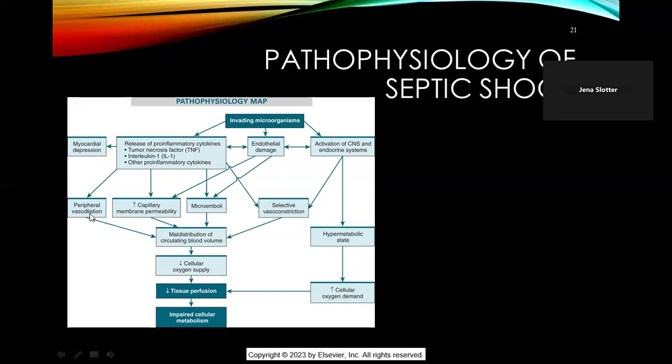We talked about the vasodilation. We have the increased capillary membrane permeability. So back to that picture a little ways back, that would apply to this one as well. Basically, the body's not able to distribute the circulating blood volume appropriately. So once again, we have the decreased cellular oxygen supply, decreased tissue perfusion, impaired cellular metabolism.